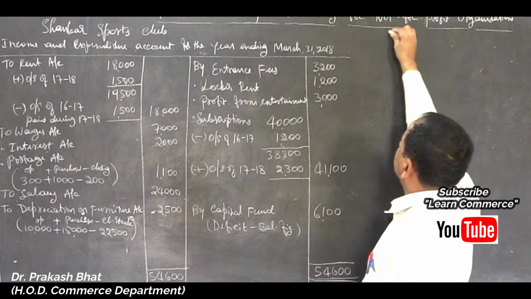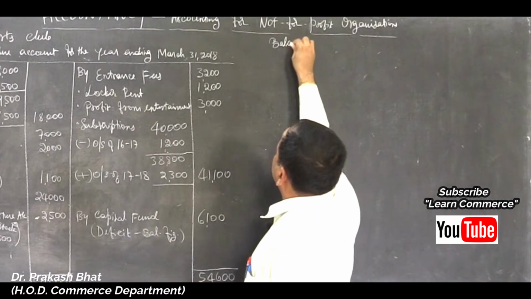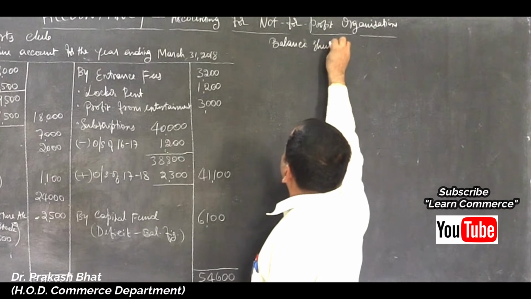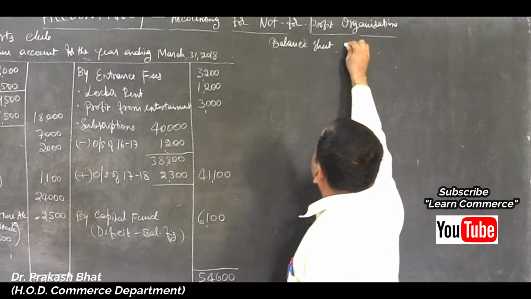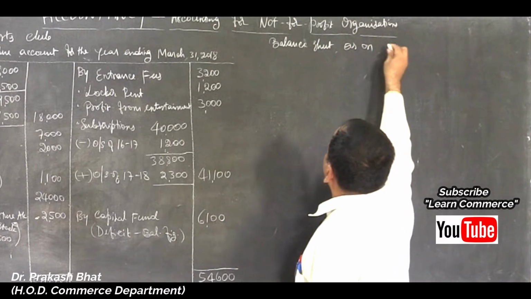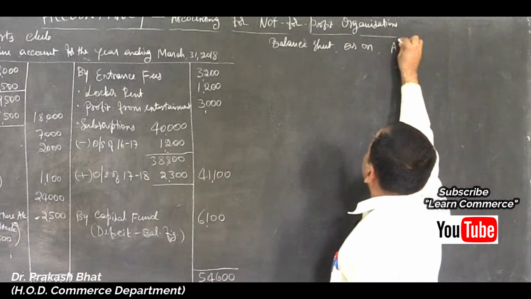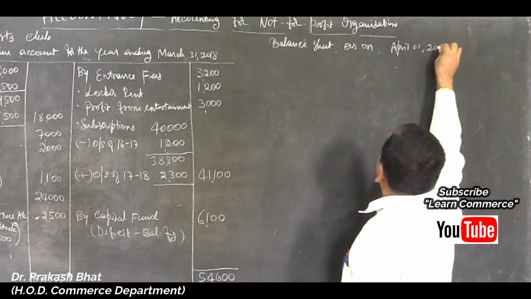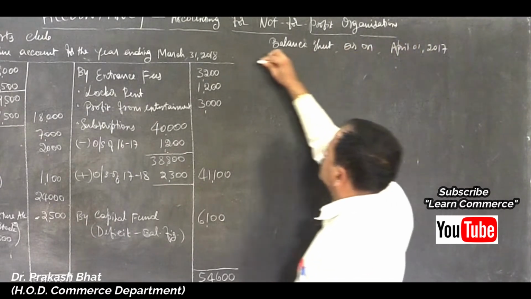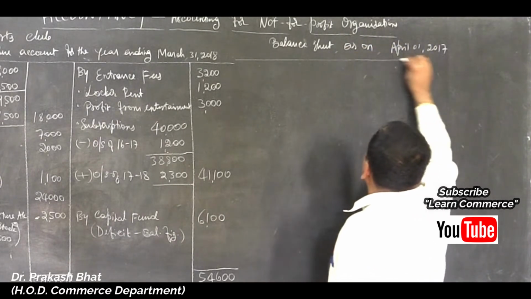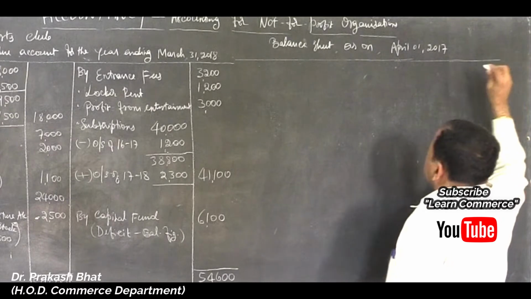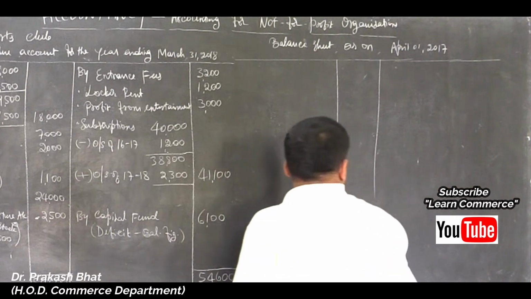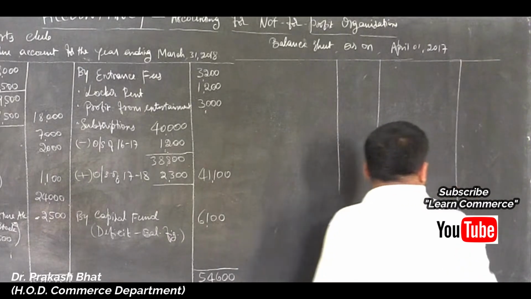Balance sheet as on April 1st. Liabilities amount in rupees, assets amount in rupees.